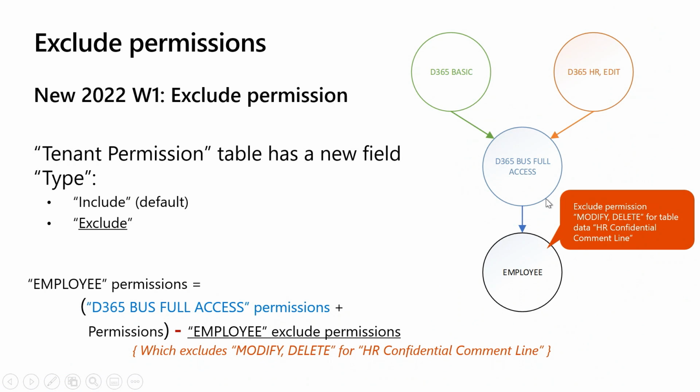Let's say we have all the permissions coming from Dynamics 365 Business Full Access. So on the employee, let's say I do not wish to have a modify and delete permission for this table named HR confidential command line, because this is a requirement that my manager asked for me to implement. Well, now I can create a new permission of type exclude, and for that specific table, I'm excluding the modify and delete permission.